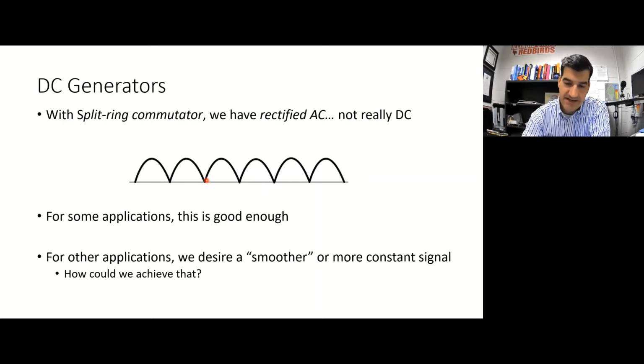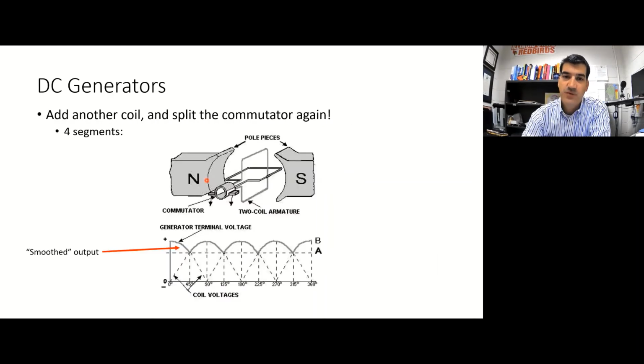So how do you do that? It might not be obvious. This took a long time for people to develop, but eventually people did figure this out. What you do is you add another coil to the armature. So now instead of just having this horizontal coil connected to two segments on a split ring commutator, we have a whole second coil of wire on the armature.